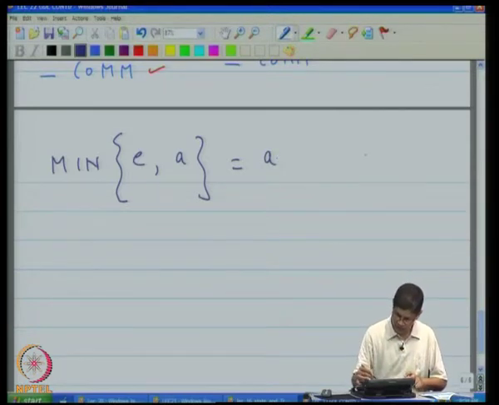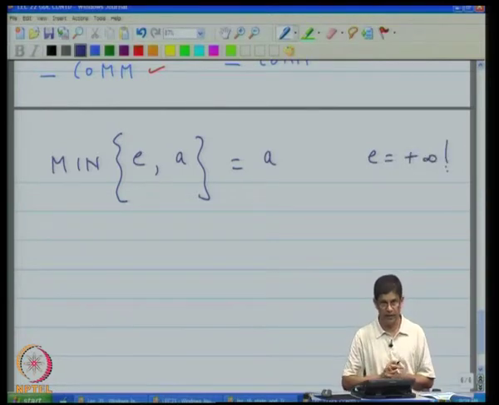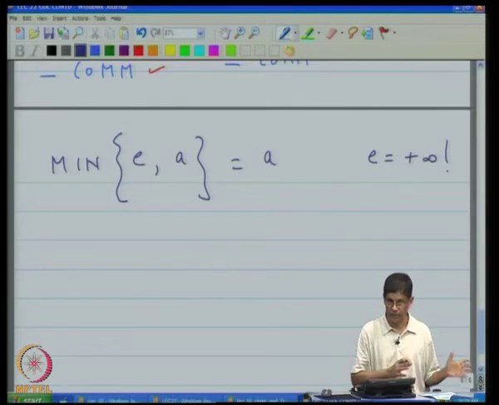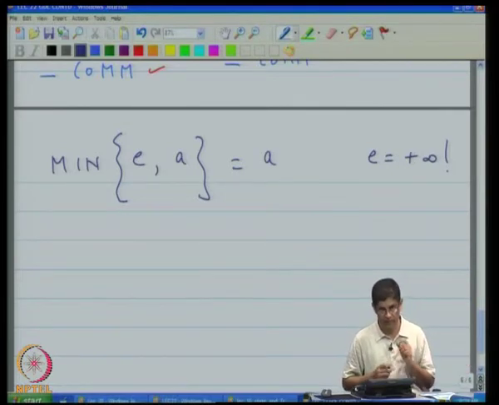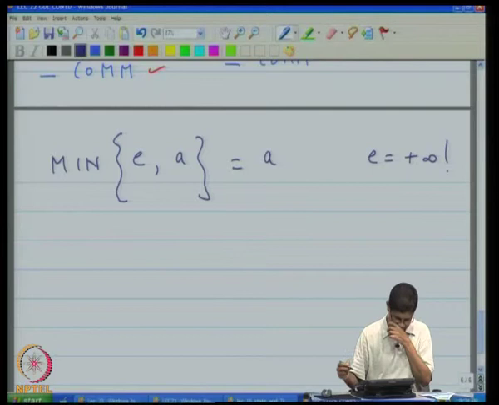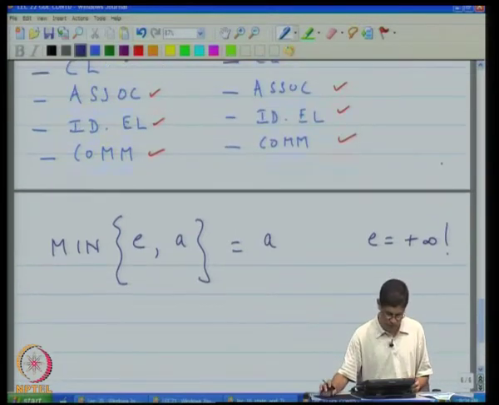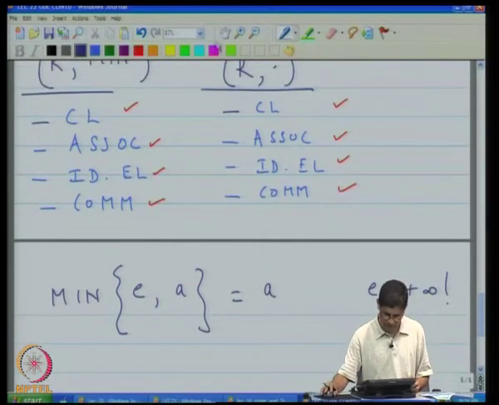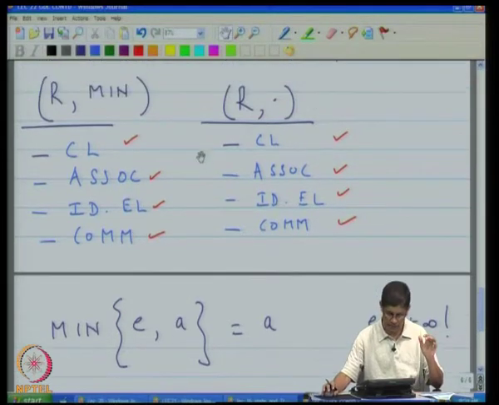So, it is not hard to see that that role is played by plus infinity. So, plus infinity plays the role that 0 played in the other semirings. It is the additive identity. Okay. So, that is one thing that we had to check. It is commutative because it does not matter in which order you take the min operation.